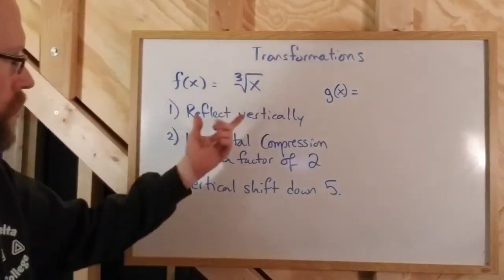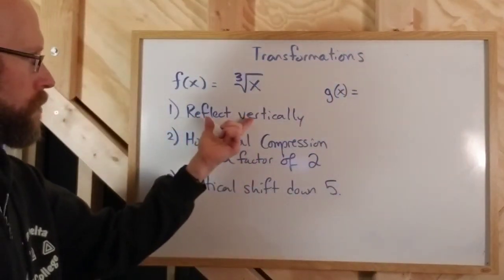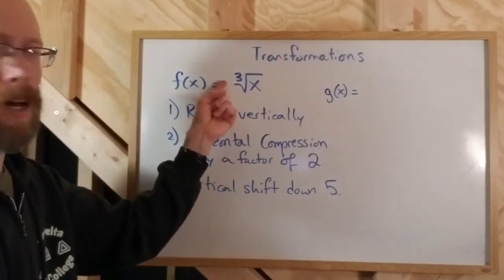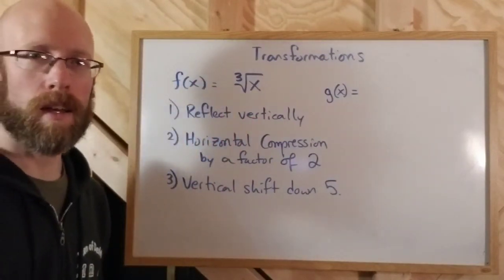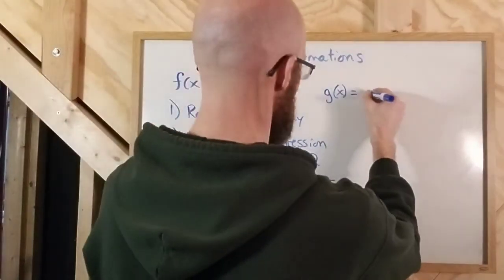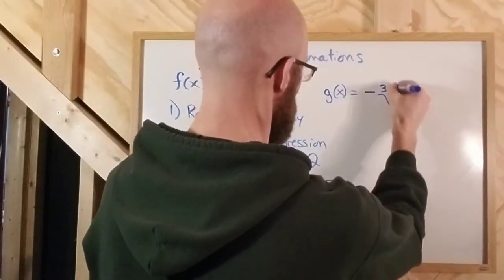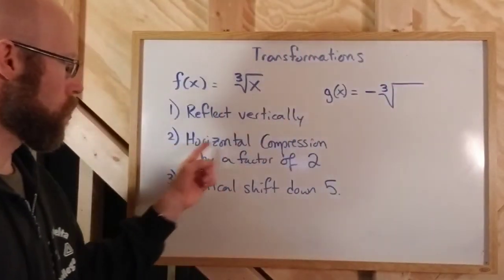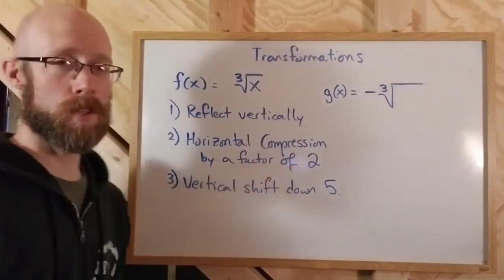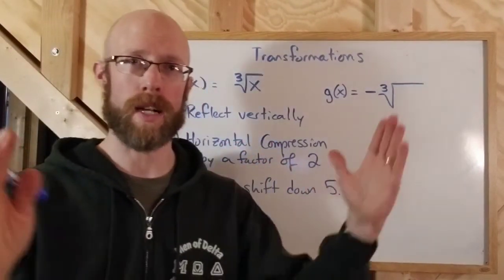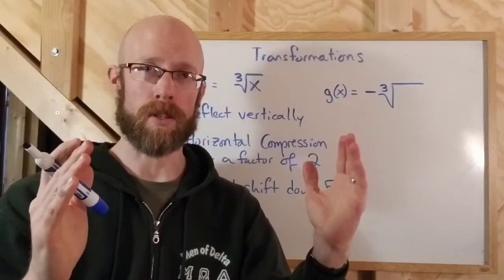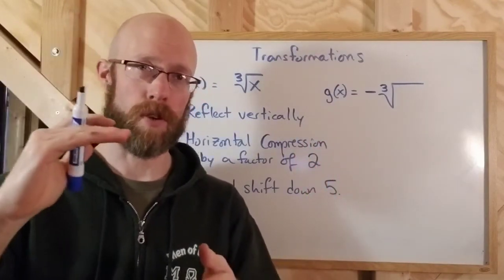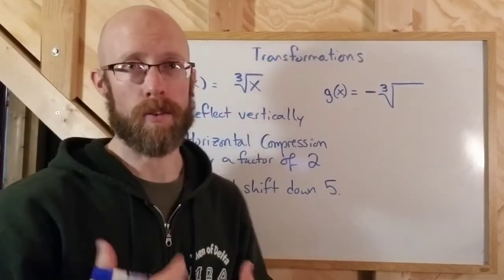And what I want to do is take these one at a time. So a vertical reflection is going to be a negative on the outside of that function. So that would be a negative cube root. A horizontal compression by a factor of 2. Well, remember, compressing horizontally multiplies by 2, whereas compressing vertically would divide or multiply by half.